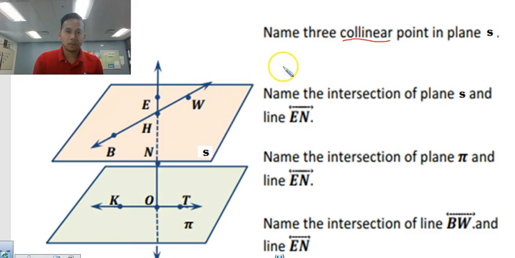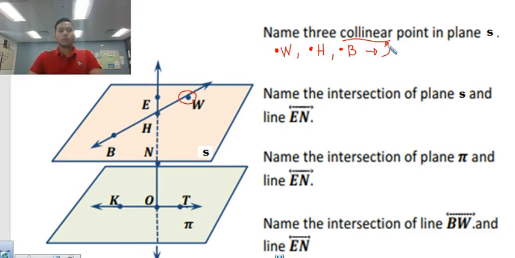The first point will be point W, and we have point H, and the last one will be point P. These are what we call your collinear points.